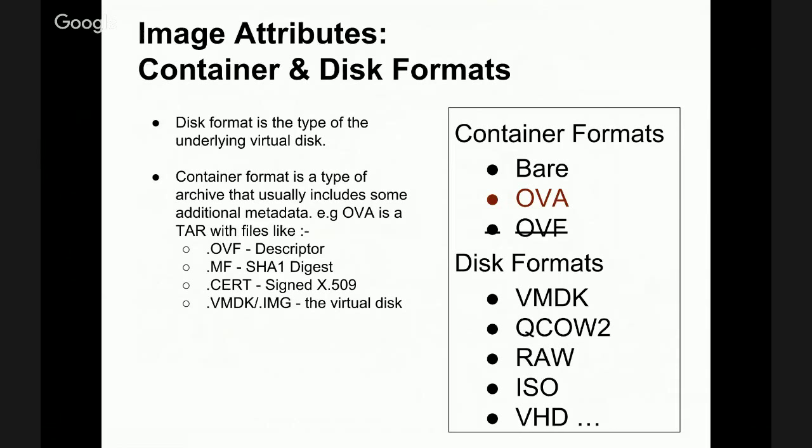All this data is usually not present in the underlying disk formats, and that's why we use container formats, which have more enhanced information. So that's about the basic properties of an image.